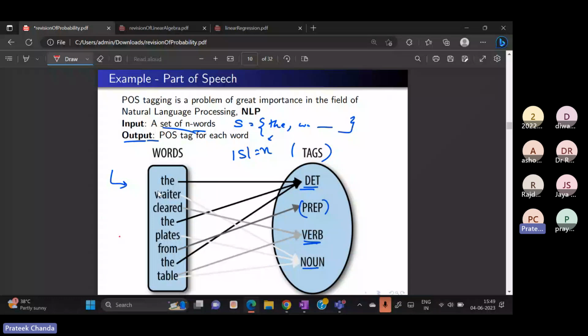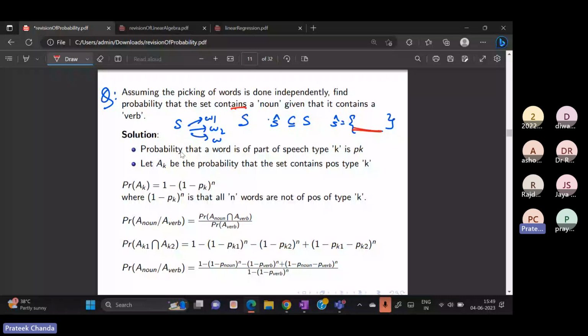These things can be thought of as S hat. What I want to find is whether the words in that set actually contain a noun, given that it already has a verb in the set. So that's the probability that I want to calculate.